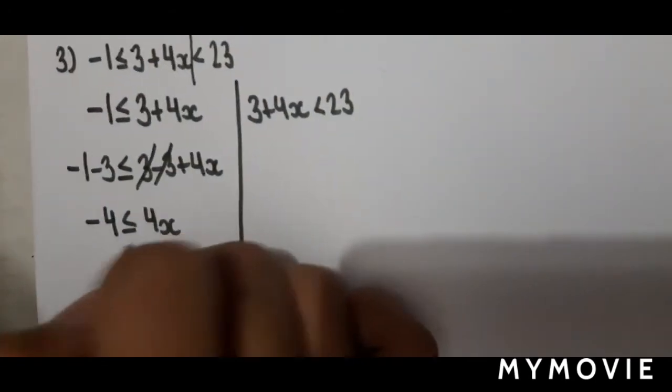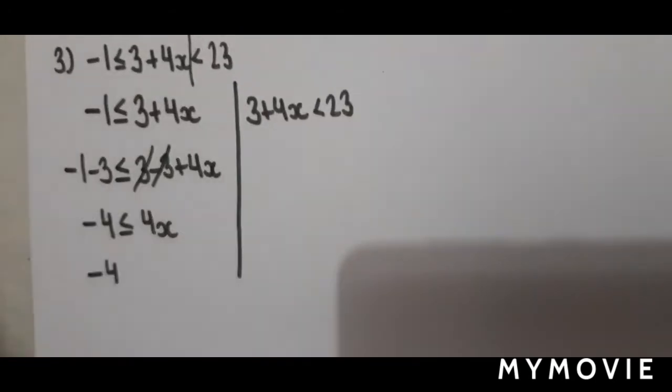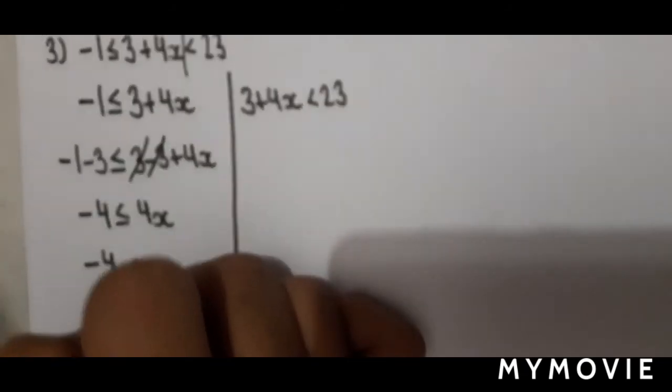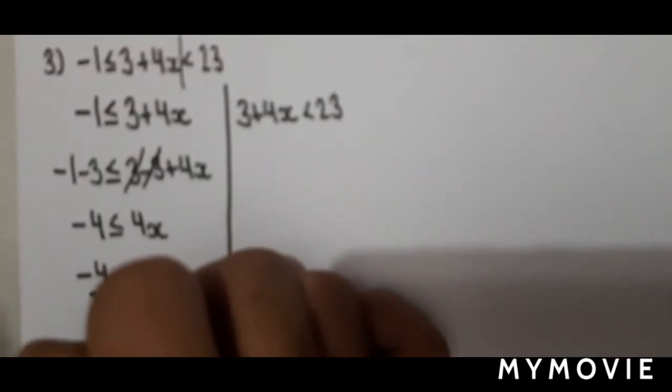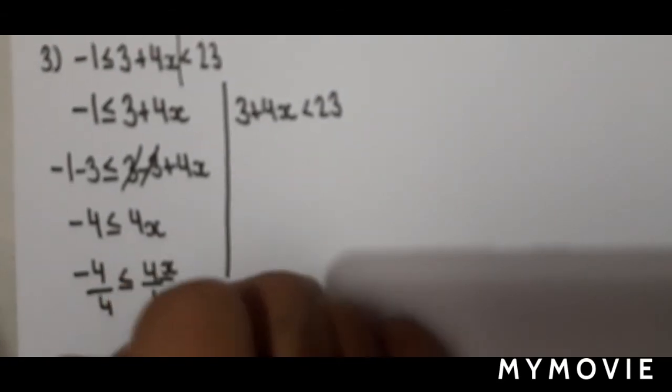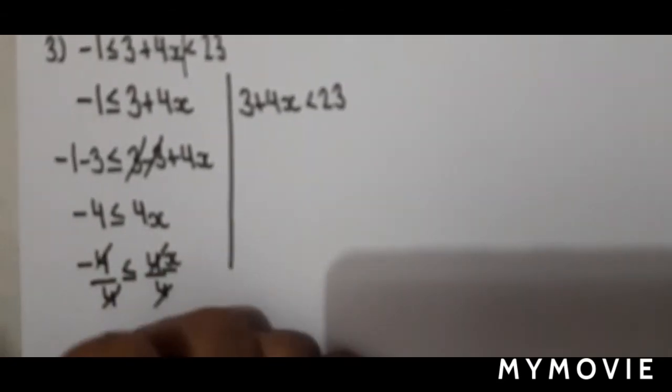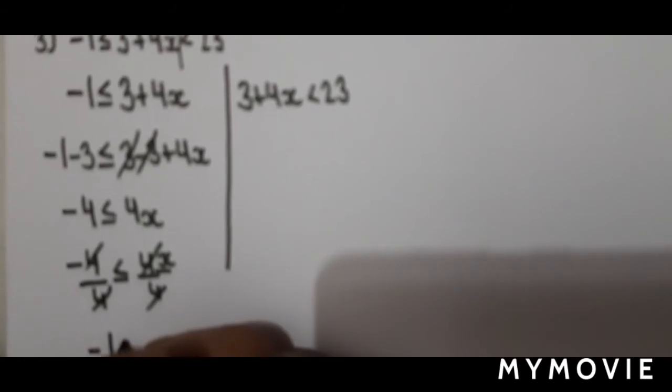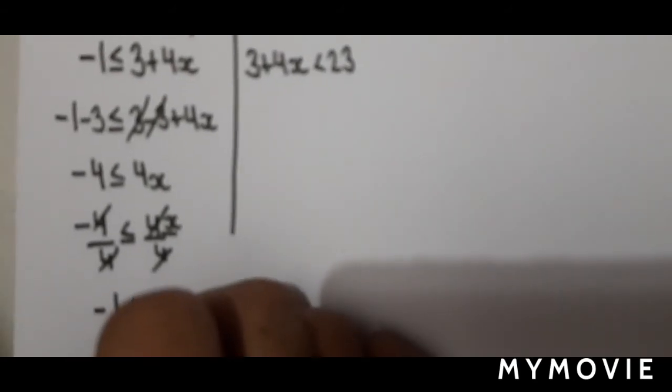So divide by 4 on both sides. We are dividing by positive 4, so there will be no change to the symbol. So 4 4 4 4. We got minus 1 is less than or equal to x.